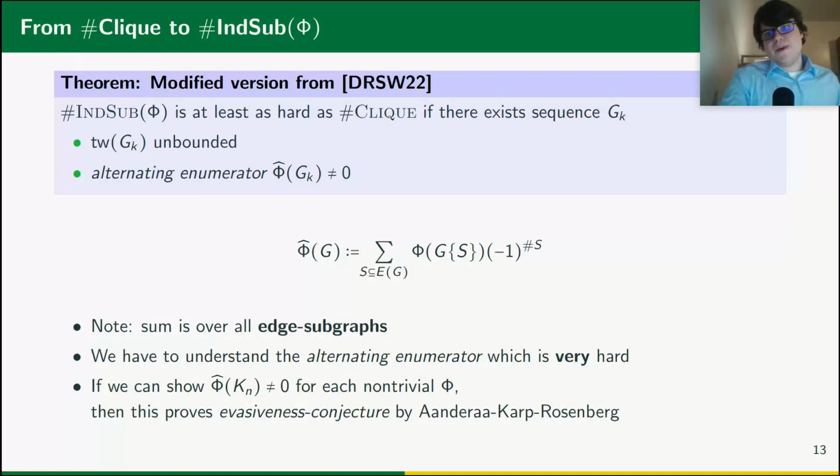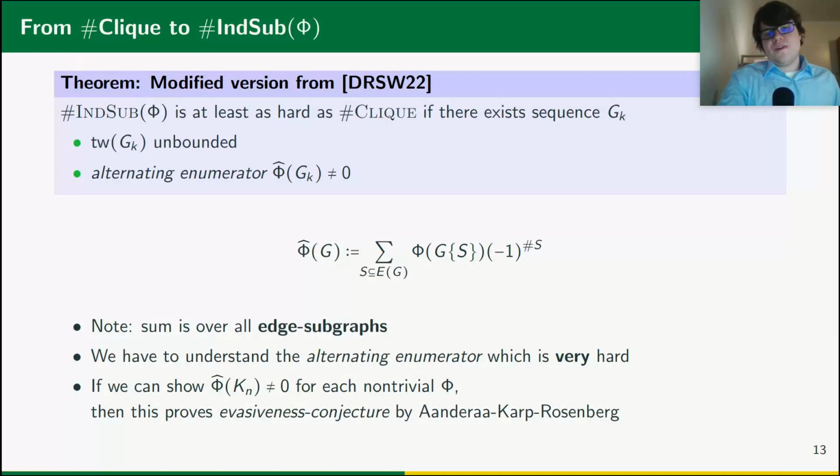This theorem basically states that the IndSub(phi) problem is at least as hard as the clique problem if there exists a sequence of graphs G_k such that their tree width is unbounded and the alternating enumerator of each of these graphs is non-vanishing.